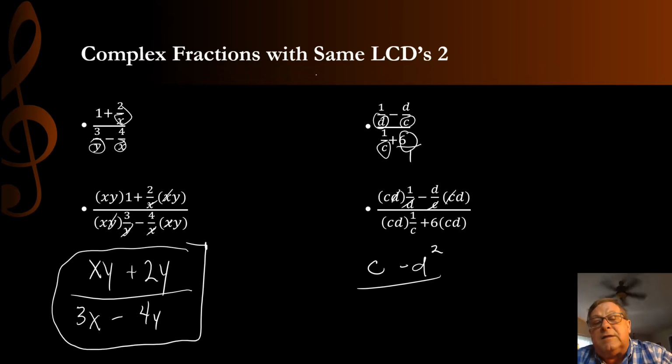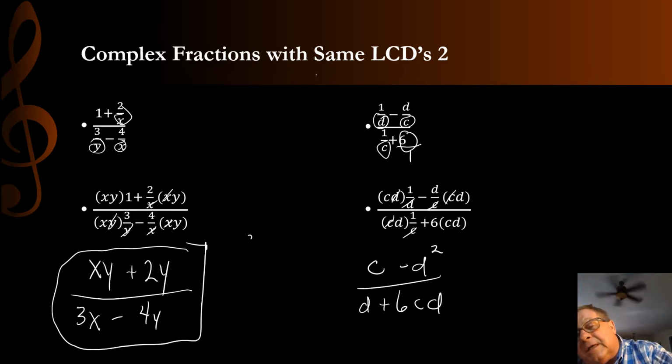And then we've got cd times 1 over c. Once again, my c's are going to cancel. It's going to leave us with d times 1, or just d. And then we got positive 6 times cd, so we got plus 6cd. And that's an acceptable answer right there. But one thing we could do, in that denominator, we could factor out a d.